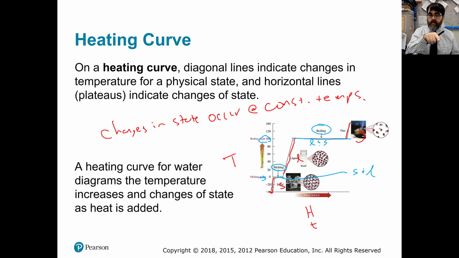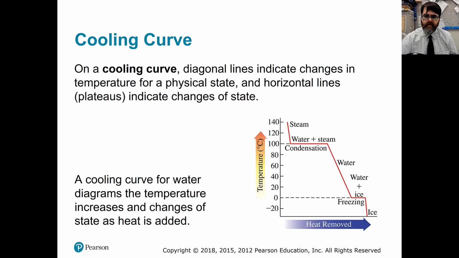And then once we've changed it all, if we're going from solid to liquid that's melted, once we've melted it all, then the temperature can start to rise again. And then once we get up to where it's hot enough that it begins to boil, then we'll have a liquid and gas being formed, but the temperature will plateau for the mixture until it all boils away, and then we can start increasing the temperature of the gas there.